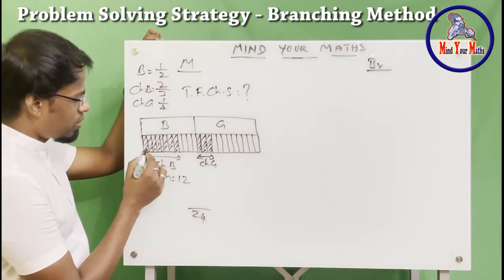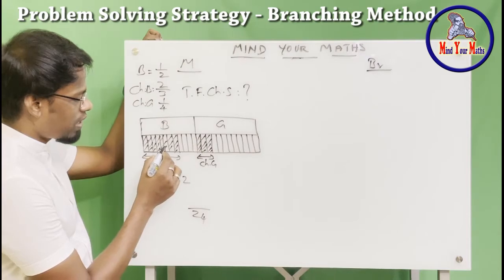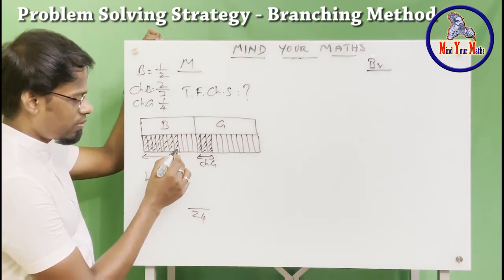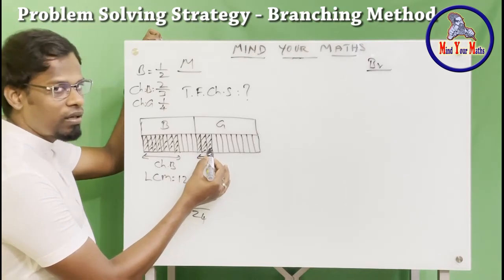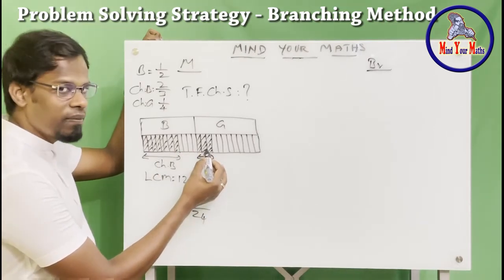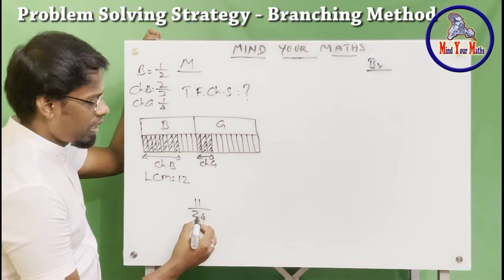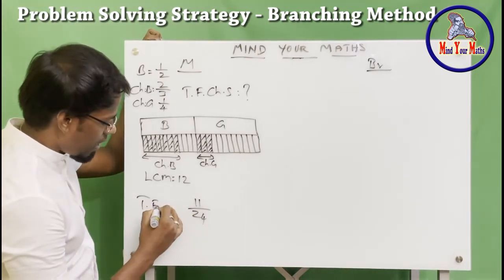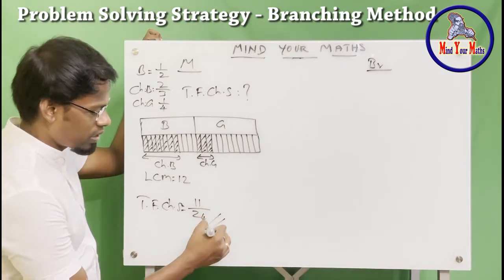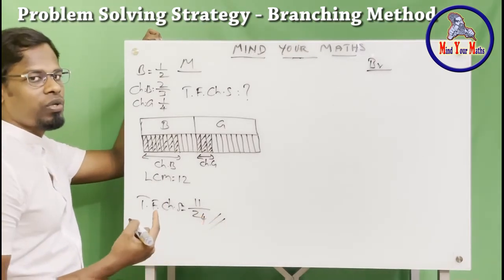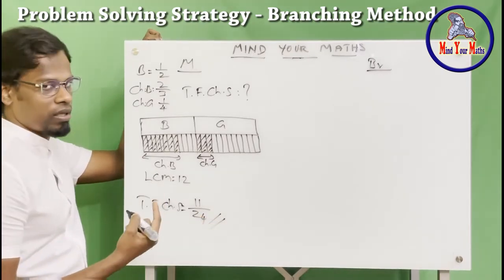Let's count it. 1, 2, 3, 4, 5, 6, 7, 8. Because 8 are boys units, and then 1, 2, 3 are girls units. So 8 plus 3, 11. That's right. So the total fraction of Chinese students is equal to how much? 11 over 24. So that's the answer we got, right?